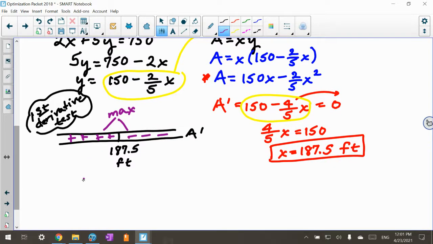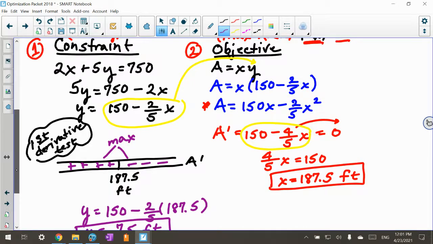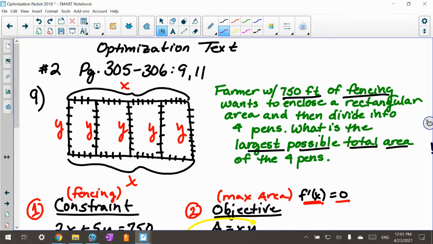Now that I know that, I'm going to figure out what y is, because I'm going to come back up here: 150 minus 2/5 times 187.5. And when I do that, y comes out to be 75 feet. Now if I look at my picture here, this is 187.5, and it is down here as well.